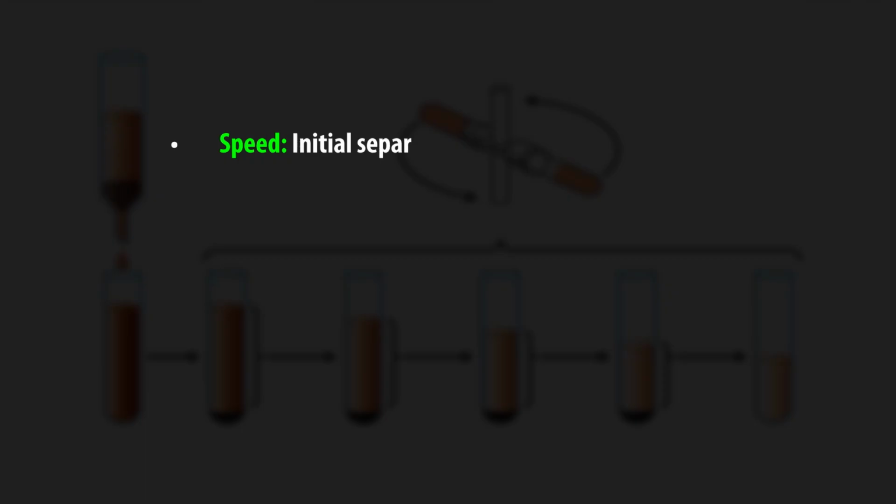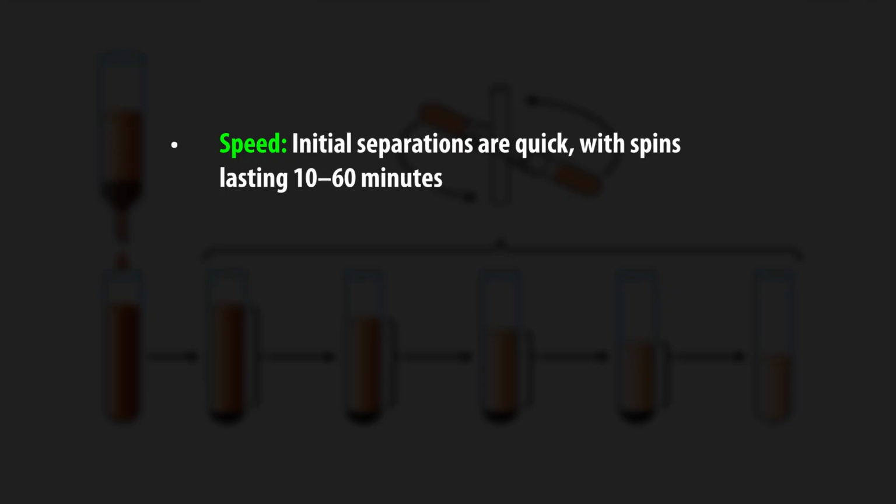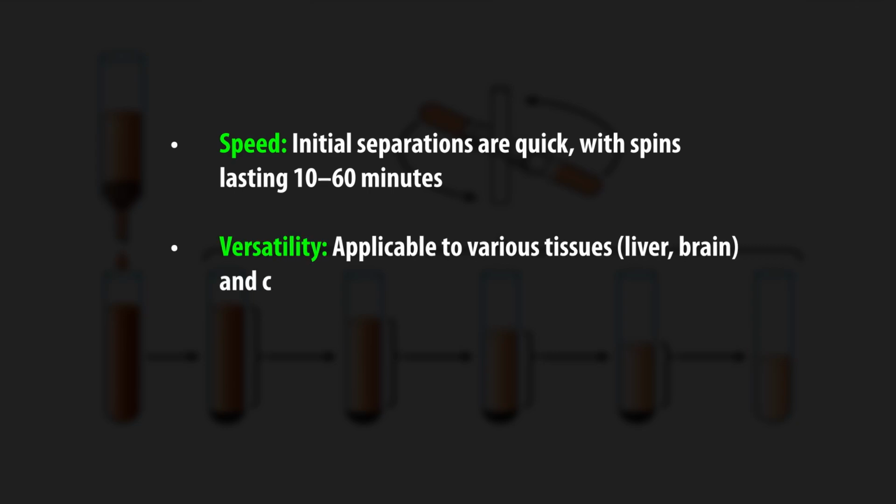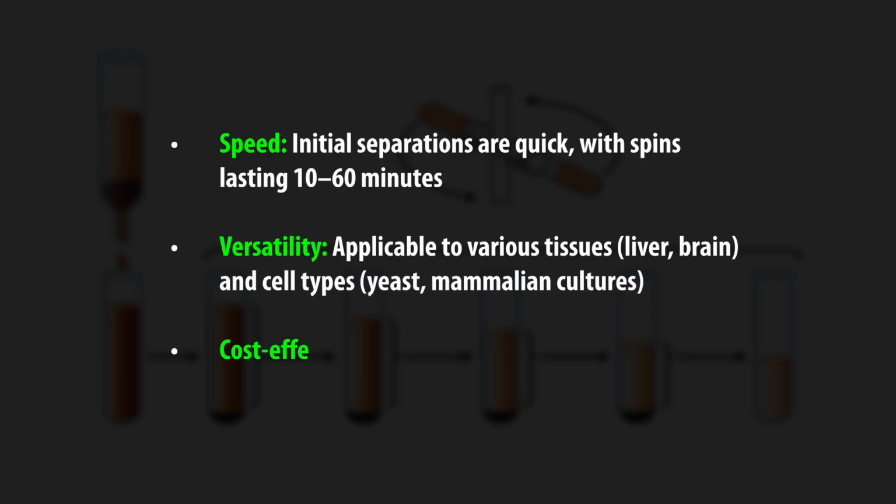Speed: initial separations are quick, with spins lasting 10 to 60 minutes. Versatility: applicable to various tissues like the liver or the brain, and cell types like yeast and mammalian cultures. Cost effective, no need for expensive gradient media.